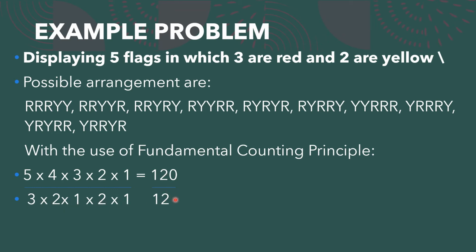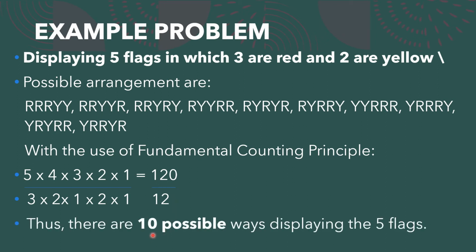So, 120 divided by 12, that is equal to 10 possible ways of displaying the 5 flags. So, ganun lang siya. Kailangan mo lang i-identify yung mga identical. Bakit kailangan siya i-times ng ganyan? Kasi nga, pwede mo rin pagpalit-palitin ng arrangement yung mga identical objects natin.